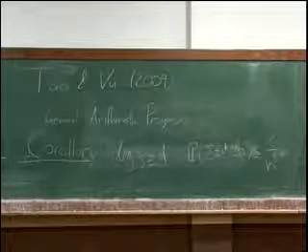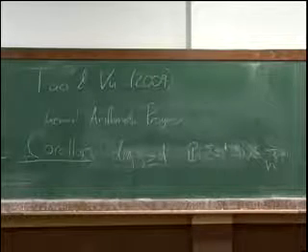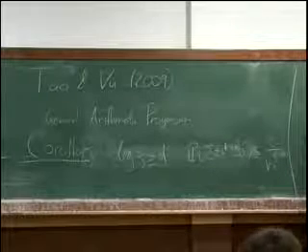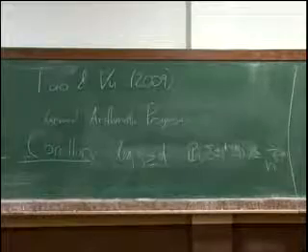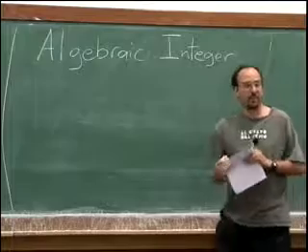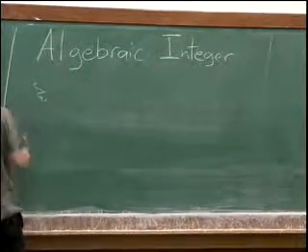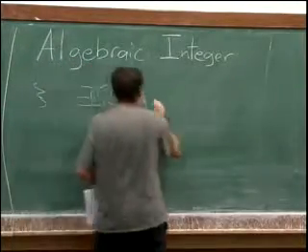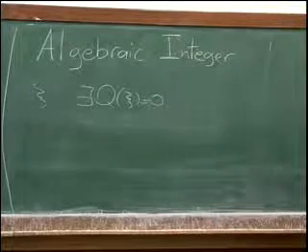And I need to remind you what an algebraic integer is. For those of you who ever knew it, and for those who didn't, I'll tell you. So the definition of an algebraic integer: we say that Xi is an algebraic integer if there exists a polynomial which has Xi as a root, which has integer coefficients and is monic.